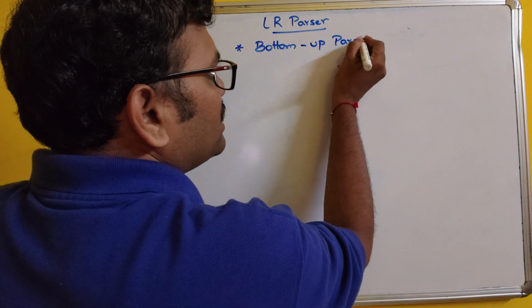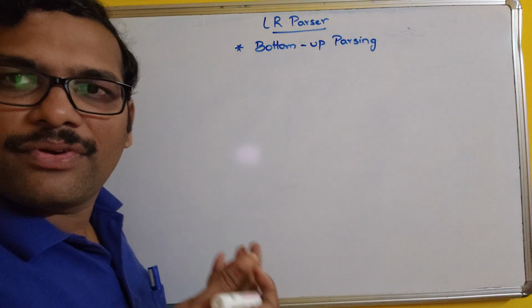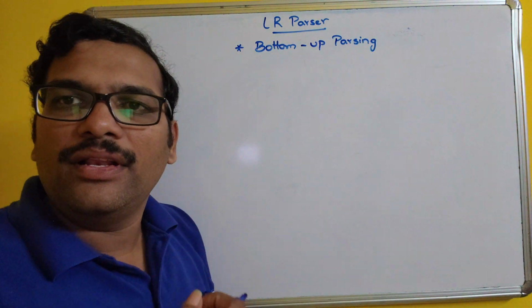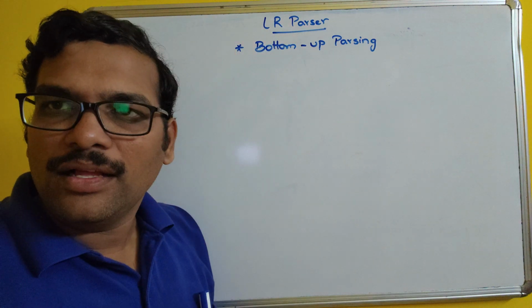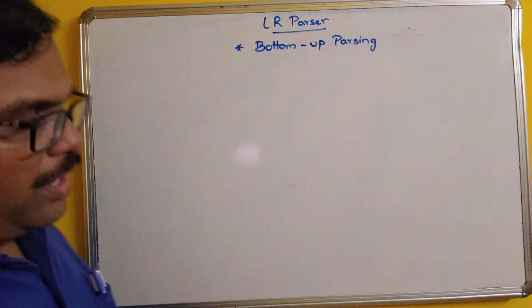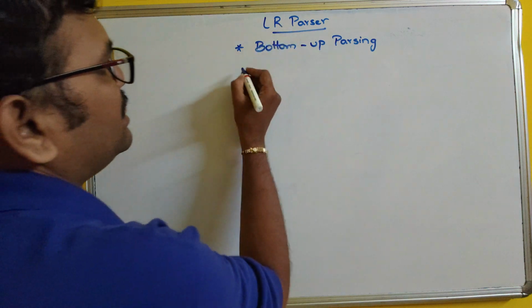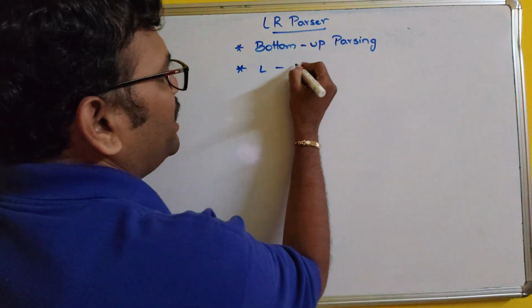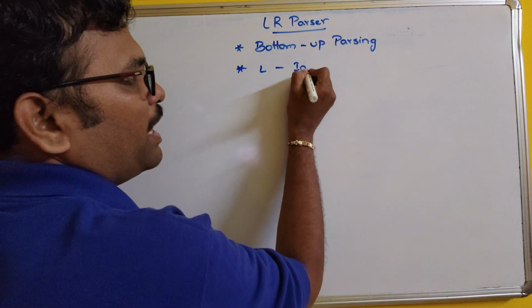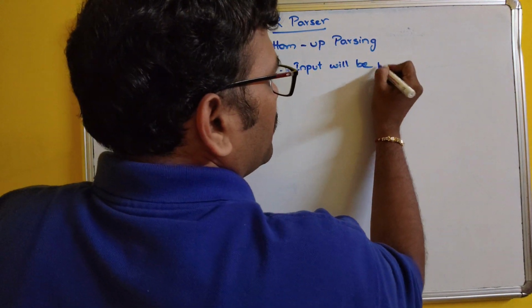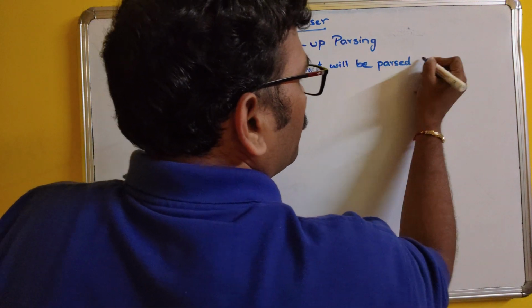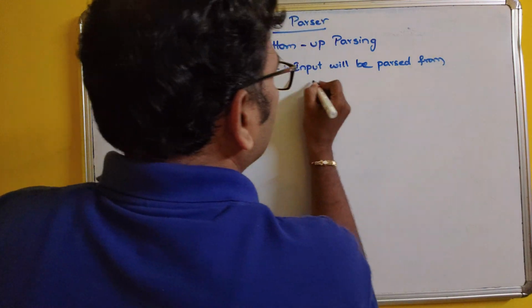So we know what bottom-up parsing is. It starts from the leaf nodes, parses, and generates the tree up to the root node. Now, this LR means: L means the input will be parsed from left to right.